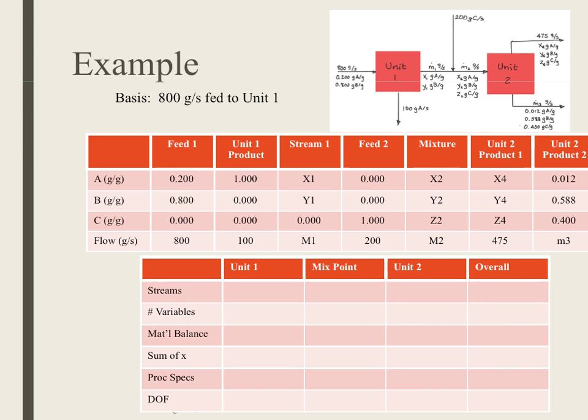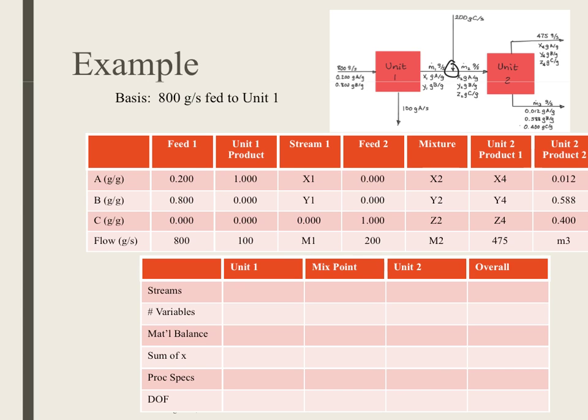Okay, so now let's look at the degree of freedom table. For the degrees of freedom, I set this up for each of my units. So I have Unit 1 and Unit 2. Those seem very clear and obvious. But I also have the mixing point, so that will be treated like a process unit. And whenever I have a complex system, I always want to consider the overall system also.